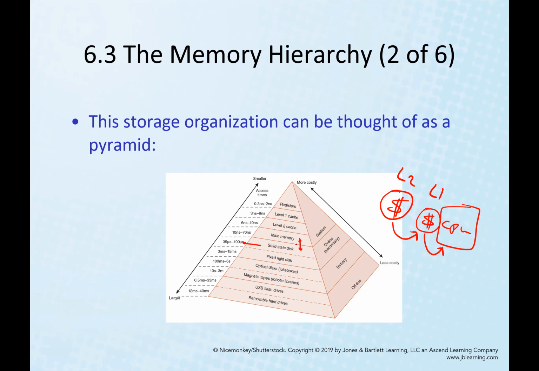In main memory the access time is 10 nanoseconds to 70 nanoseconds, and when we move to solid state disk, the access time is 35 microseconds up to 100 microseconds. We're losing speed by a factor of 1000. It's very important.